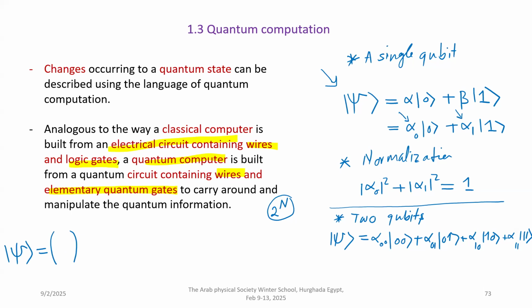I'm gonna put here alpha 0, alpha 1. This is a good way to represent the qubit. فبدل ما نكتبها بالشكل ده، لما نكتبها في شكل column نبقى عارفين إن ده هو الـ coefficient بتاع الـ 0 وده هو الـ coefficient بتاع الـ 1.